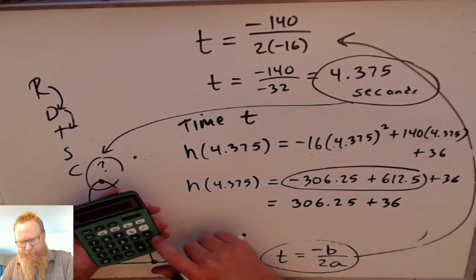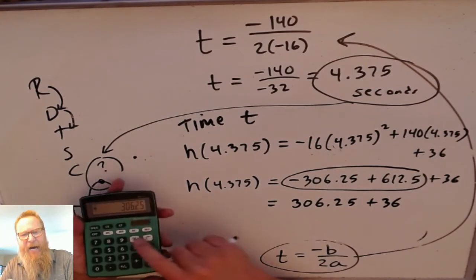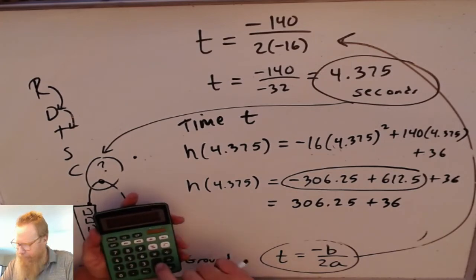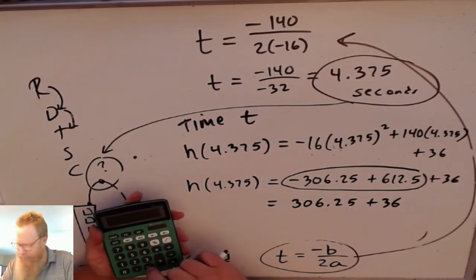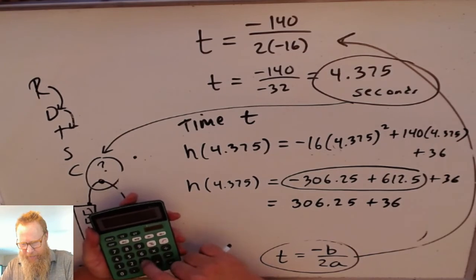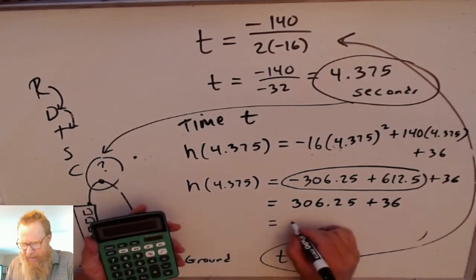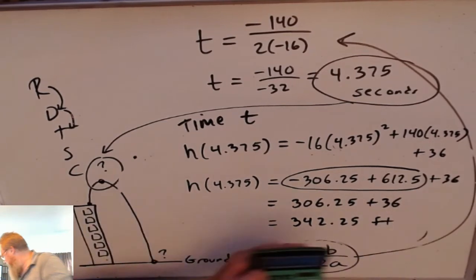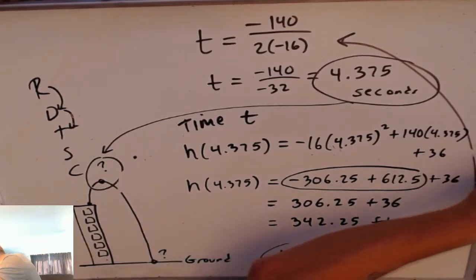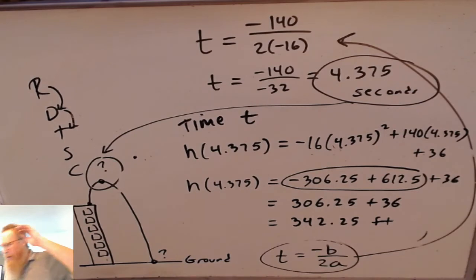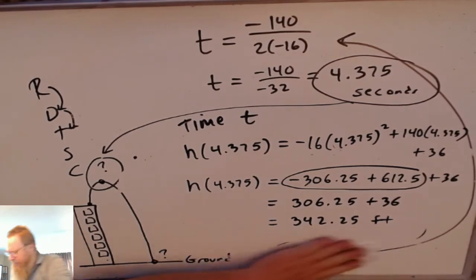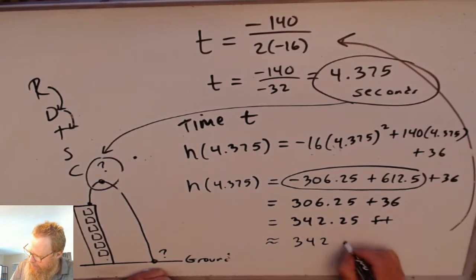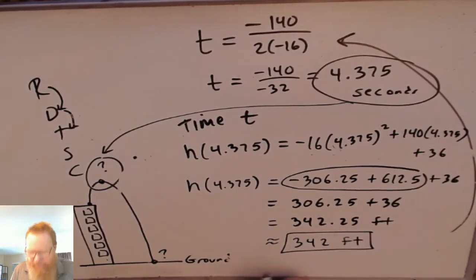Oh, I screwed up. I hit times. So I'm going to clear it out. 306.25 plus 36. I probably could have just done that in my head. 342.25 feet. I'm just going to round to the nearest foot, unless told otherwise, 342 feet above the ground.